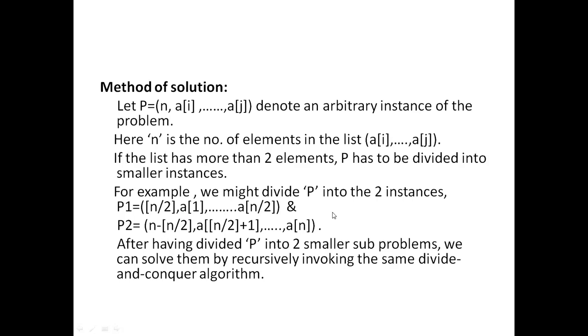Then the second half will have n minus n by 2 elements, available from the index n by 2 plus 1 up to the last index n. If the problem P1 is still big, that is, it doesn't have a single value or two values, then P1 has to be divided into two halves. Similarly, if the P2 problem is bigger, it has to be divided into two halves like this. It will proceed.